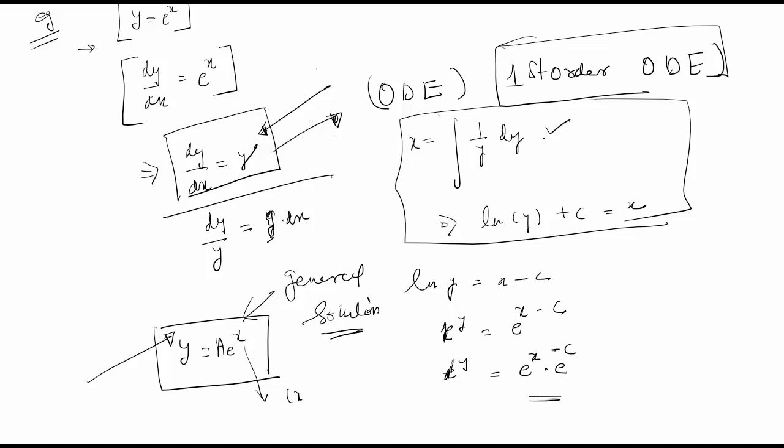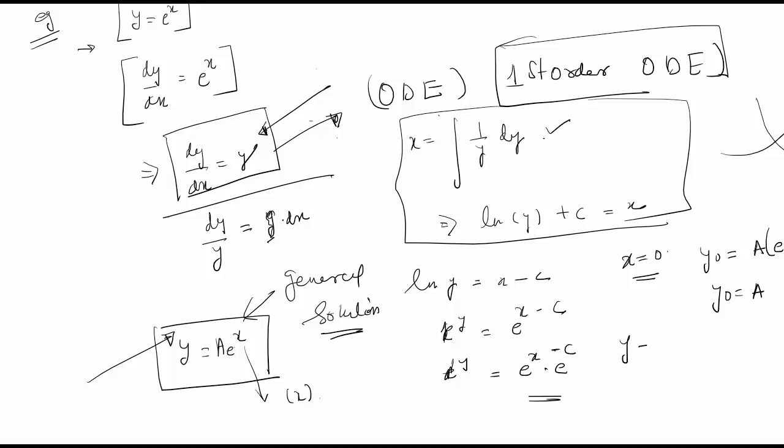So for each x there will be a different solution here. So this could be a graph in this way or this way based on which way my x is going. But when you are putting an initial value like x equal to 0, you'll get y of 0 is equal to a in this case, because e raised to 0 is equal to 1 and y of 0 is equal to a.